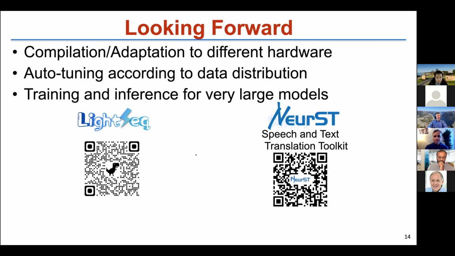I haven't talked about very large models. So far, we can only optimize kernels on a single GPU. We still need to optimize the training and inference for very large models that cannot fit on a single GPU. With that, I'd like to take questions.